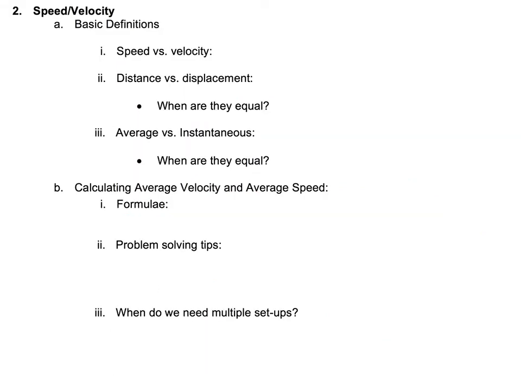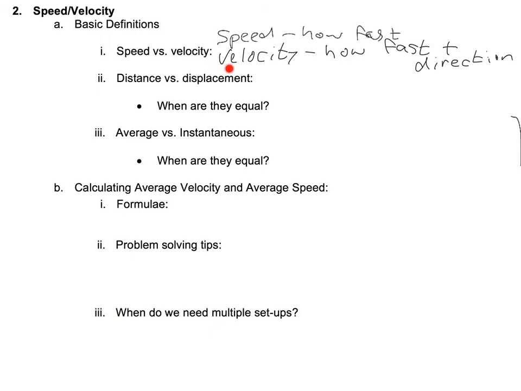Okay, moving on to some things we know about speed and velocity. So starting with the distinction between speed and velocity, keep in mind that speed is simply a measure of how fast, and velocity is a measure here of how fast plus direction. So this is the key thing that distinguishes speed from velocity.